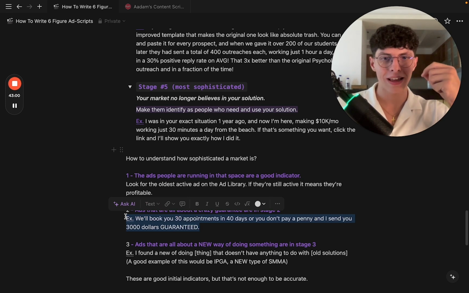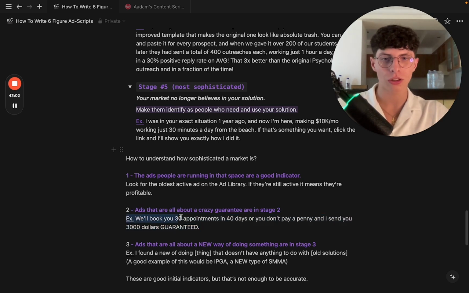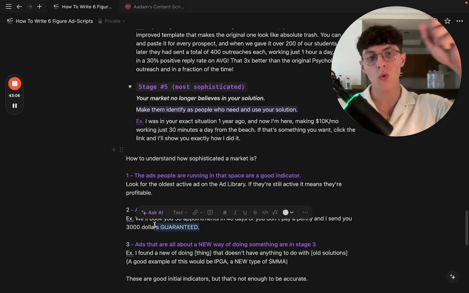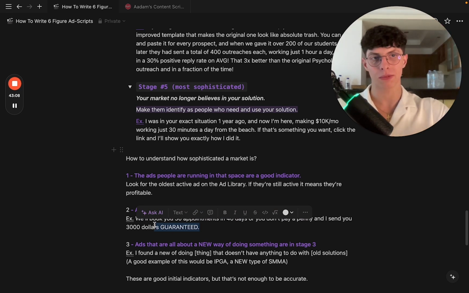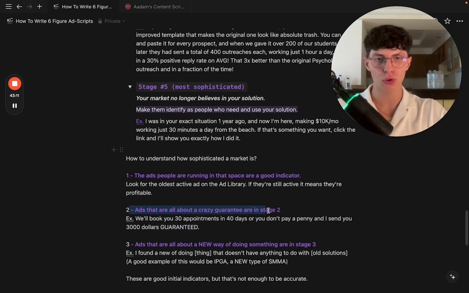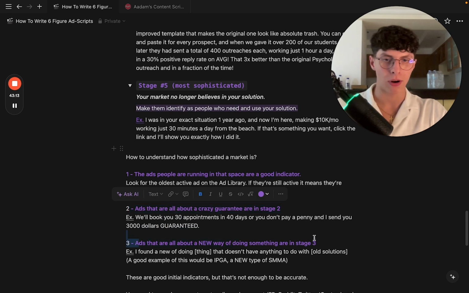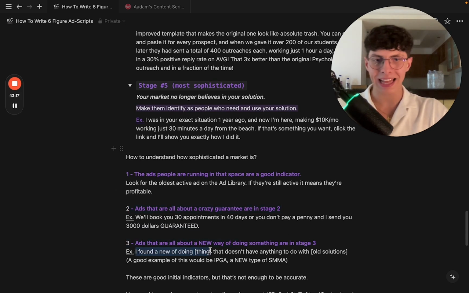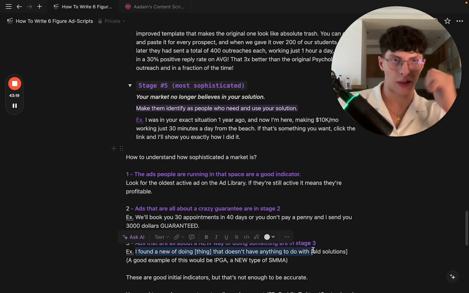In fact, the moment we go, there's 30 appointments in 40 days guaranteed, because we have this new way, then you know there's also a new mechanism. So you know not only it's stage number 2, but we're actually in stage number 3. For example, I found a new way of doing these that doesn't have anything to do with this old thing.